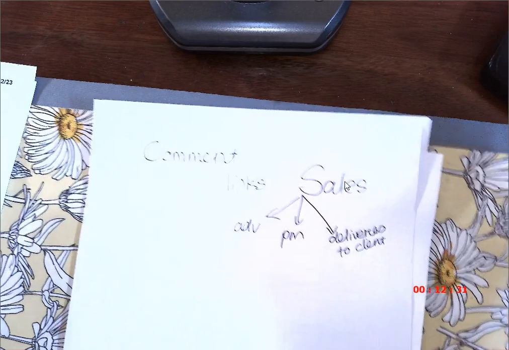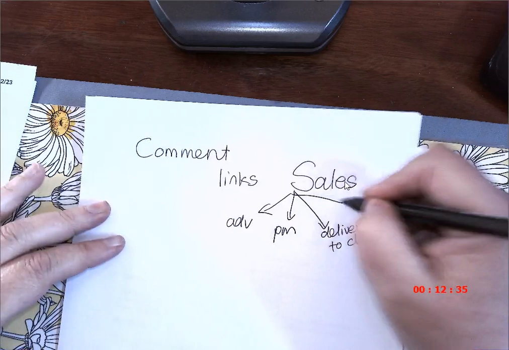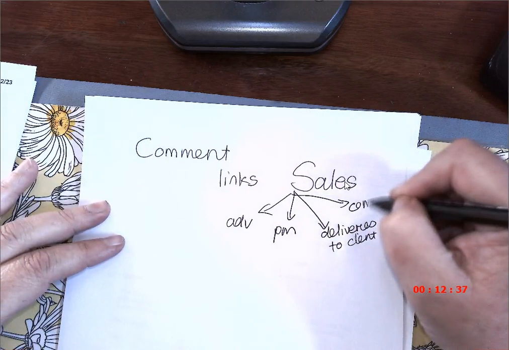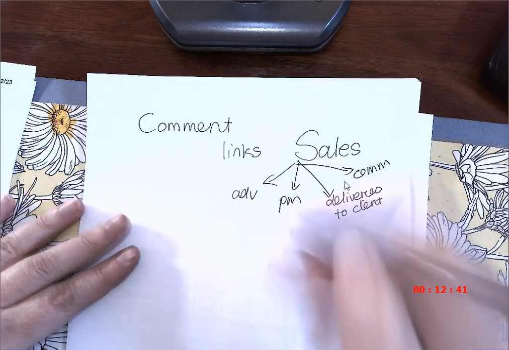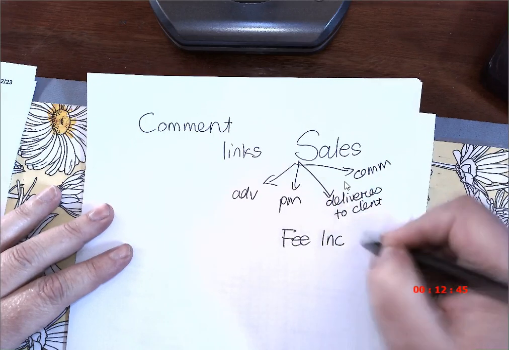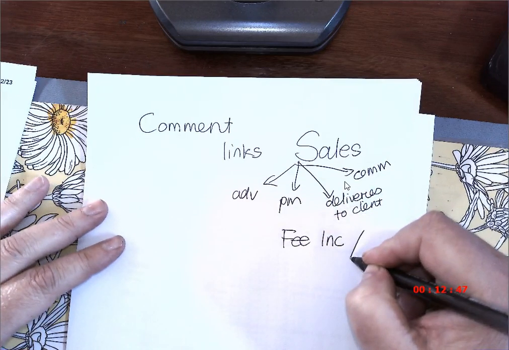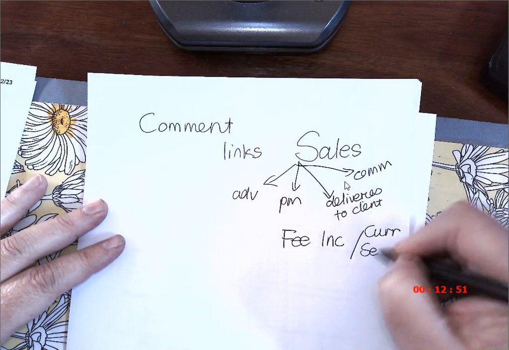And I'm quite sure there are others that I'm not thinking about. Commission, you see, taught you. Commission, okay. Fee income. Now, fee income is the same as current income, which is the same as the services that I deliver.